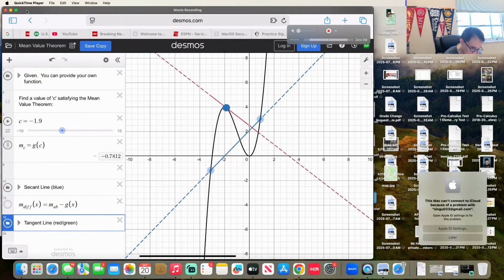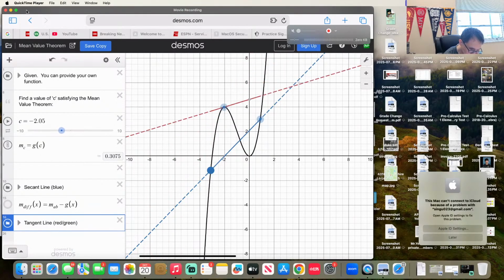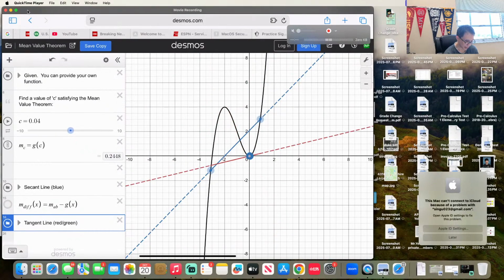So I'm dragging this tangent line here. So it must mean that somewhere along the line, there's a tangent that looks like that. Do you see that green line? Slope equal to. How many times does the green line occur between A and B? Probably twice, right? So it happened again here.